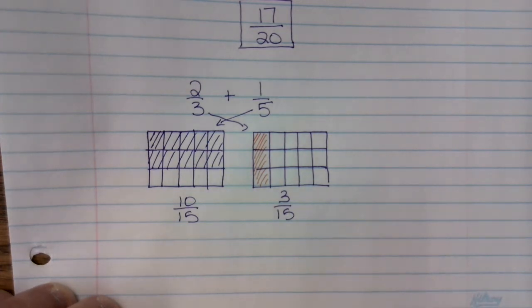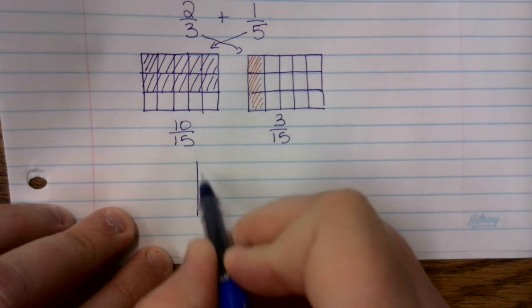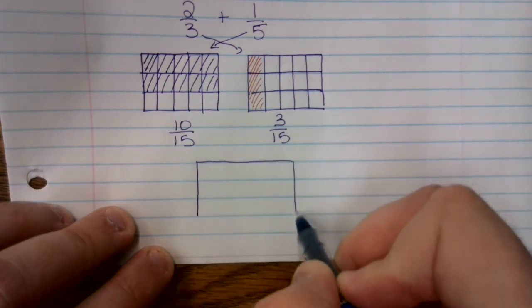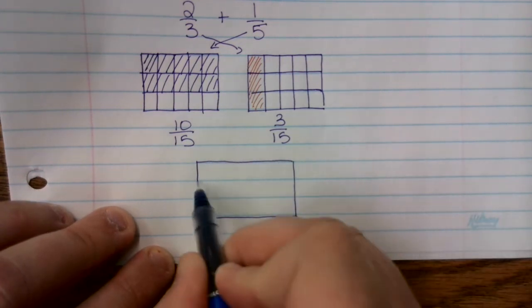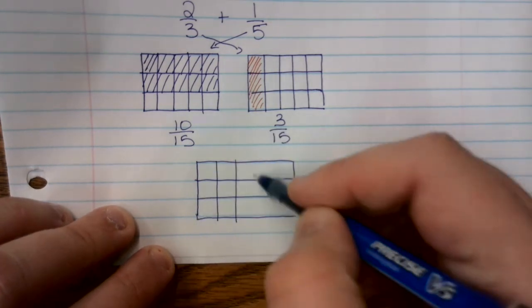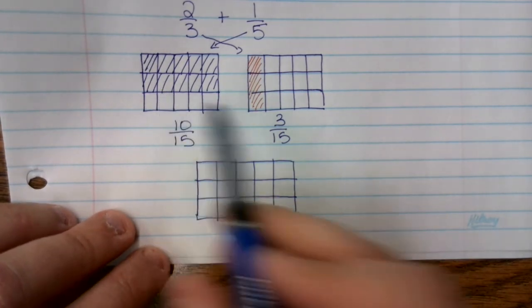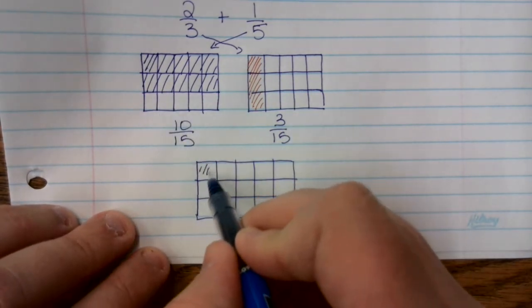I'm going to draw one more rectangle. Split it into thirds, split it into fifths. I'll color 10 from my first model and 3 from my second.